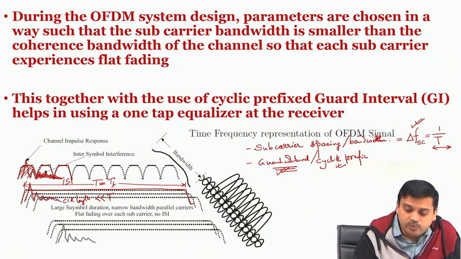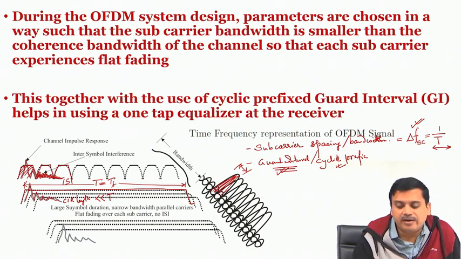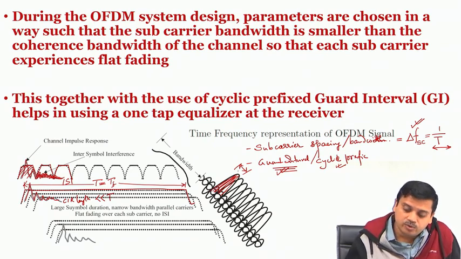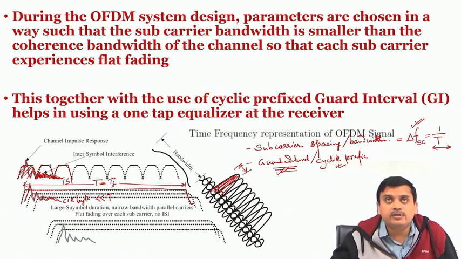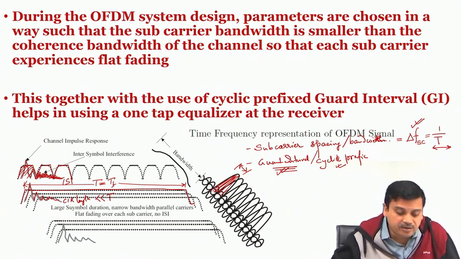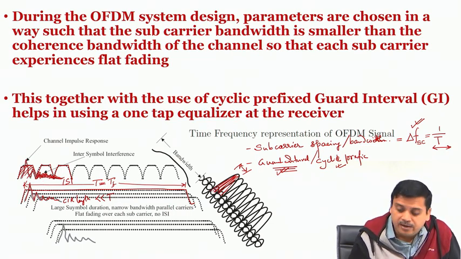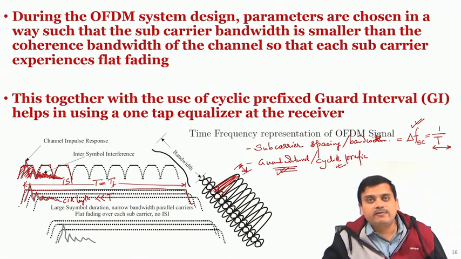Okay. So, we said at some point that these individual subcarriers, their width should be decided in such a manner that they are pretty small, so that they experience nearly flat fading. Now, we have to go into the details of propagation characteristics, which we will do later on, since these two are highly interconnected. Now, a flat fading effectively means that the channel impulse response is perceived as an impulse.